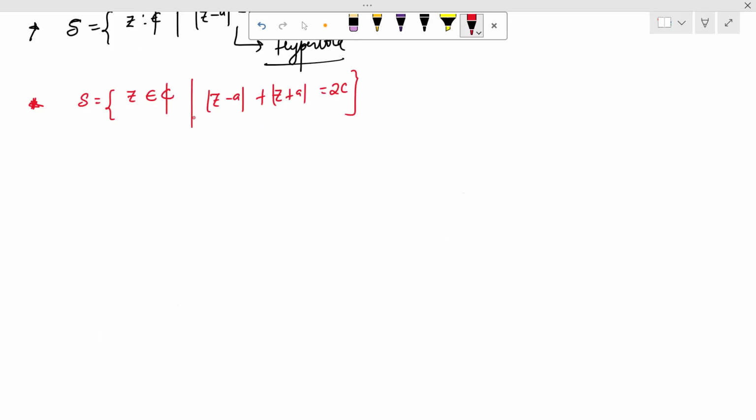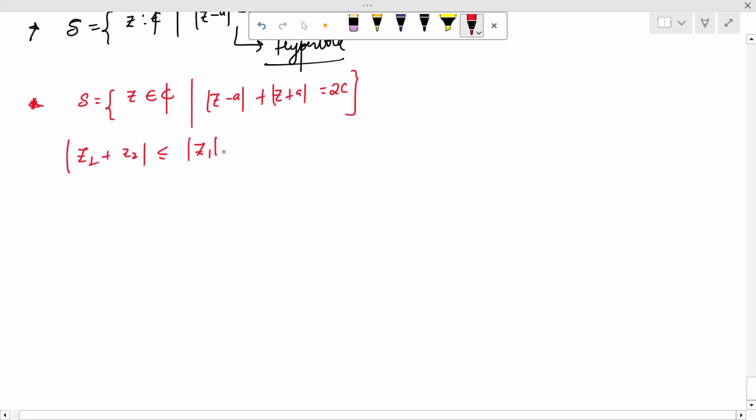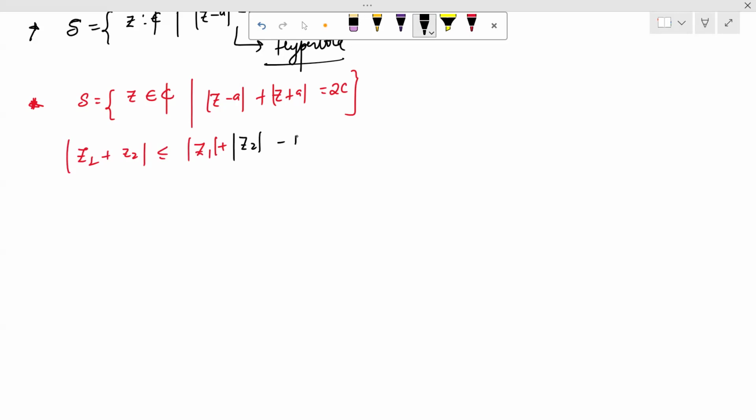If I don't solve it, and want to make certain conclusions indirectly, I can use the triangle inequality. This is triangle inequality number 1, and number 2 would be modulus of Z1 minus Z2 will always be less than or equal to modulus of Z1 plus Z2. I think these two things are quite evident, you already know them.